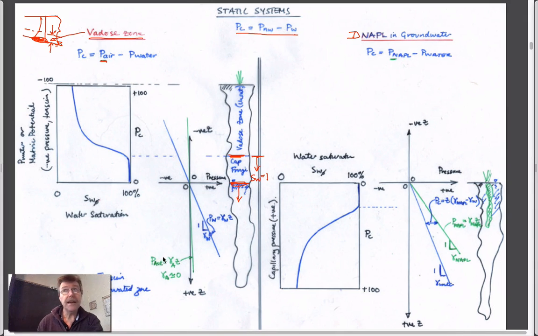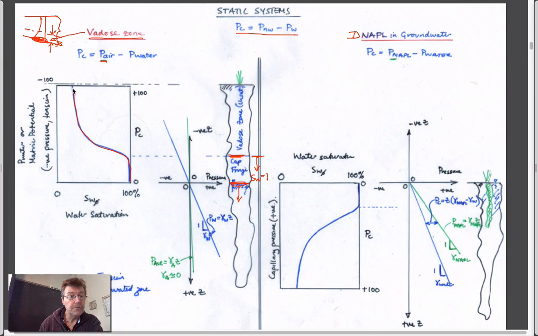I think my handwriting's getting better, don't you think? And so how would this map out? Well, we know that if we took a sample of this material and did an experiment with it in this Welch apparatus, we'd get a curve that would look like this. This is just our drainage curve.